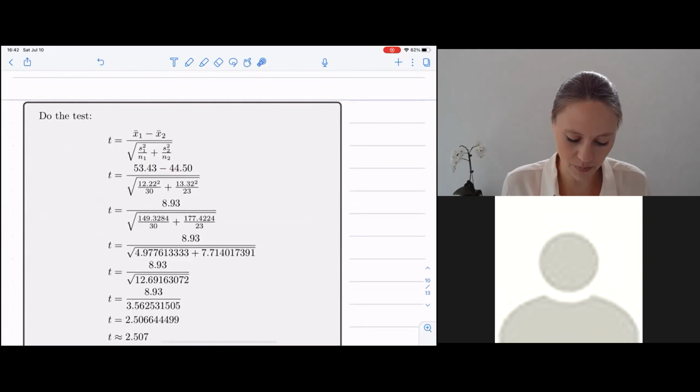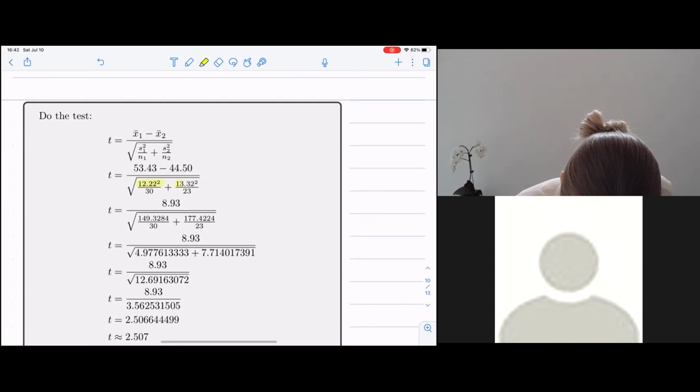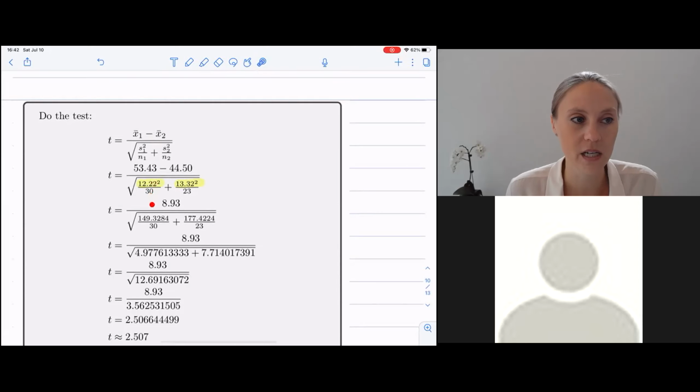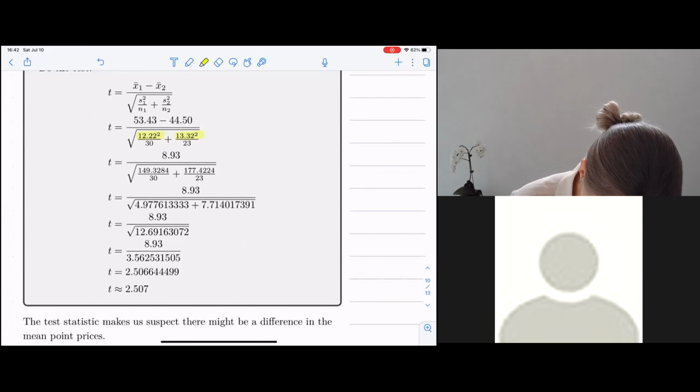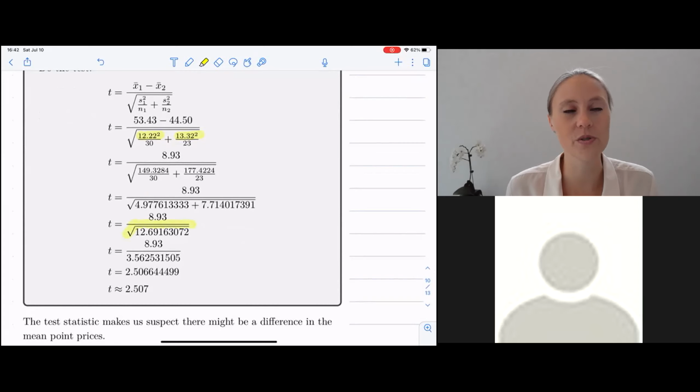So I plug in all the values, paying attention to squaring these values before I go ahead and divide, right? So notice that they've been squared, and then don't forget to take the square root here, right? Those are the most common mistakes that I see for these calculations.